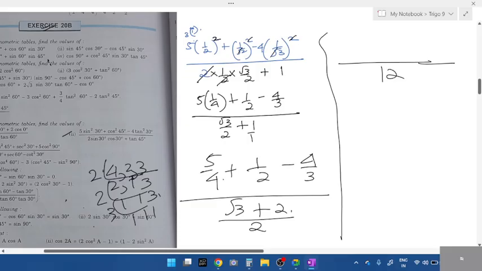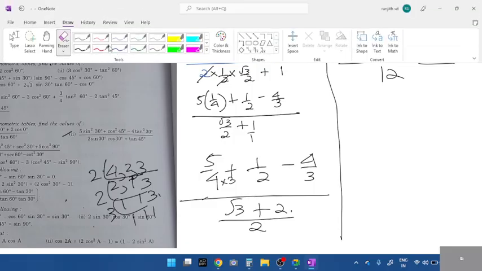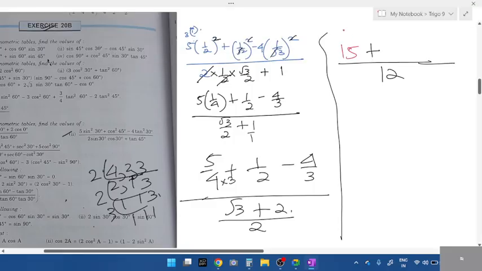How many times it goes? 4. So 4 5s are 20. 2, how many times 2 goes? 6. 12 goes 3 times, right? So what is 5 3s? 5 3s are 15.